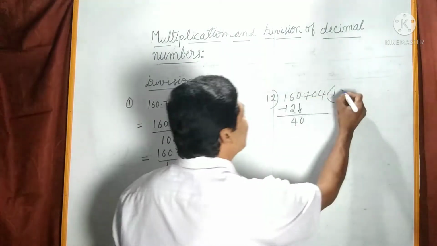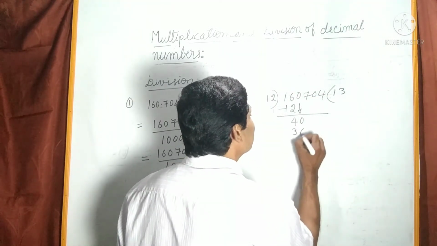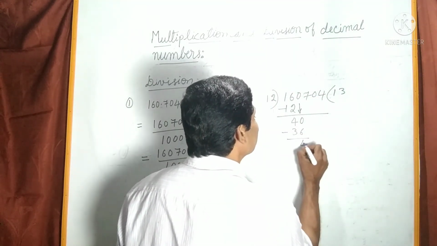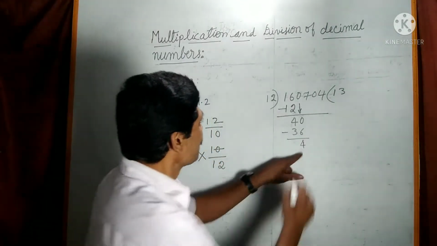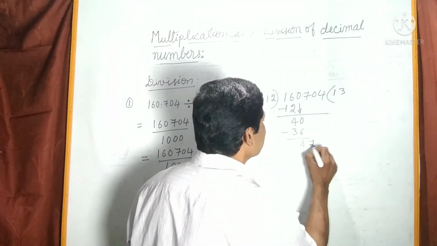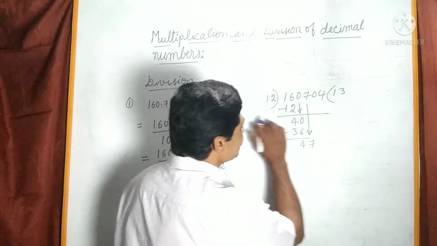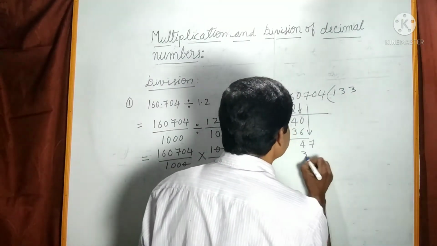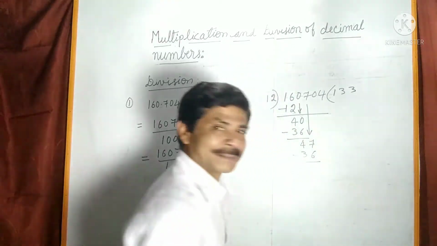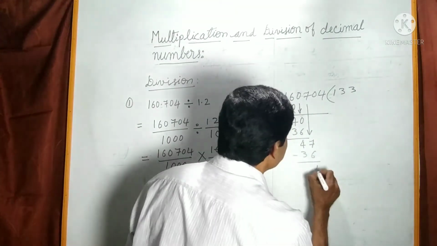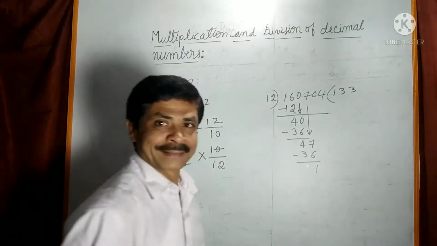12 3 is the 36. Again 4. We'll pull down 7. 12 3 is a 36. 1 1.